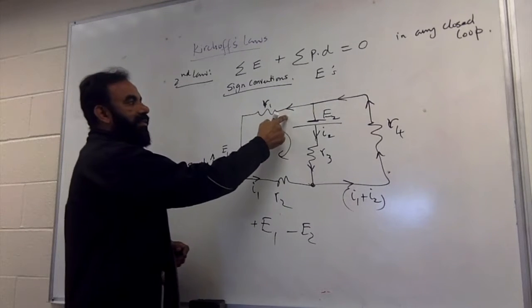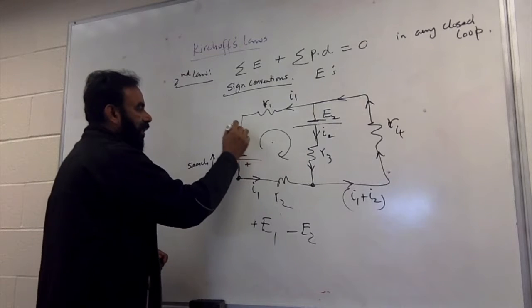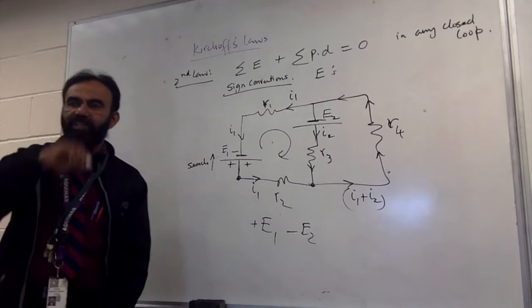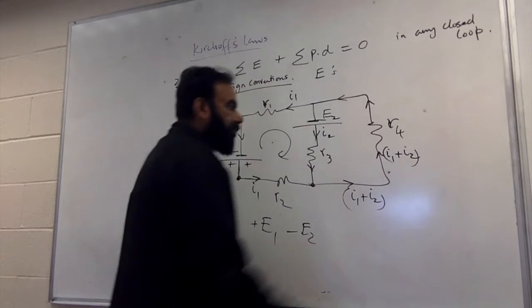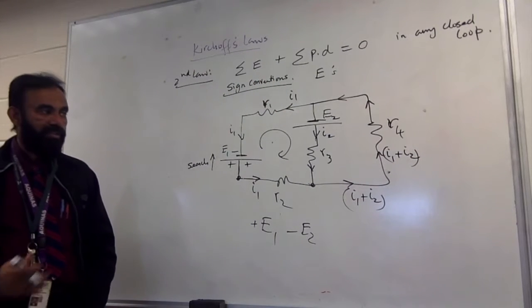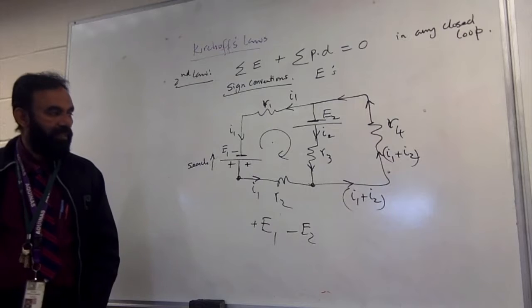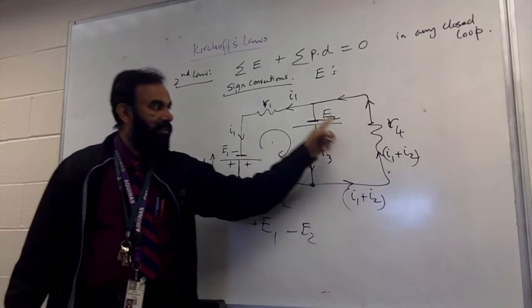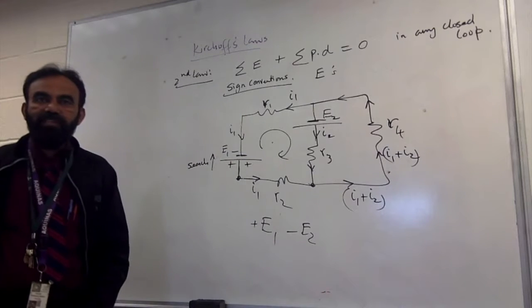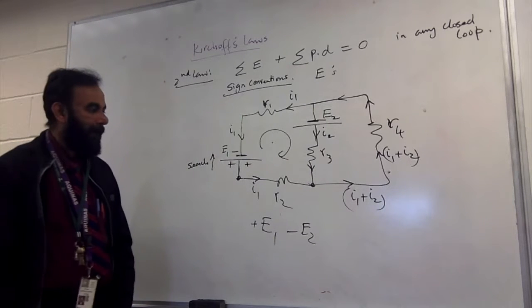What's the current here? I1, and I1. So keep marking all those currents everywhere so that you won't make a mistake later on. Especially before resistors, you put that current value. Before it enters the resistance, you put the I, so that you will be reminded about that.